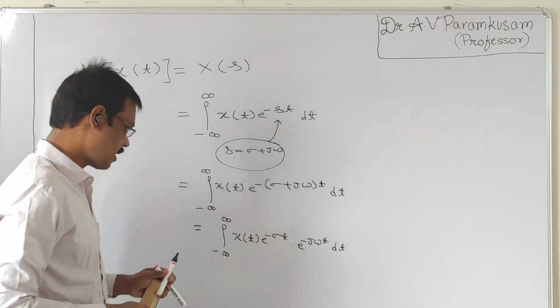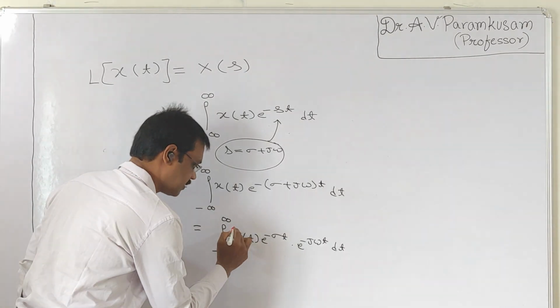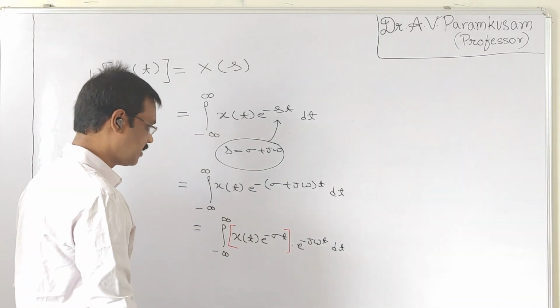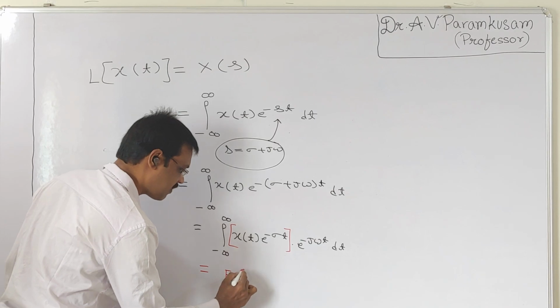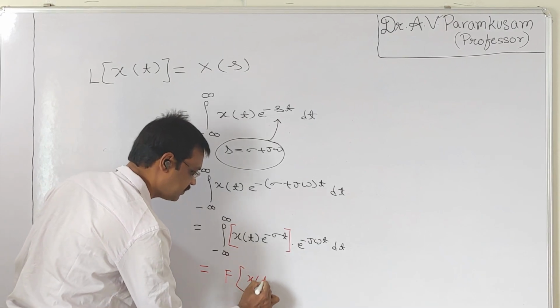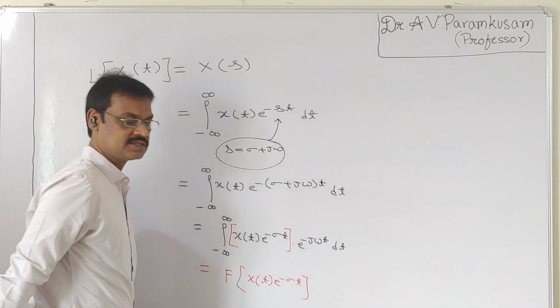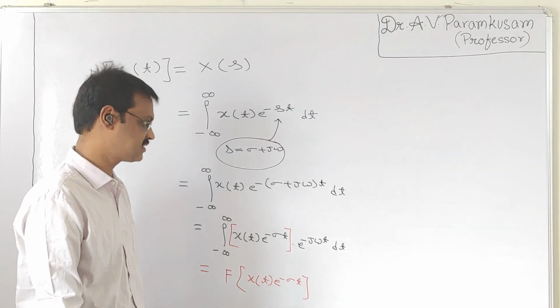Okay. Now you put x of t into e to the power of minus sigma t in bracket. Now this is the definition of Fourier transform of x of t into e to the power of minus sigma t.